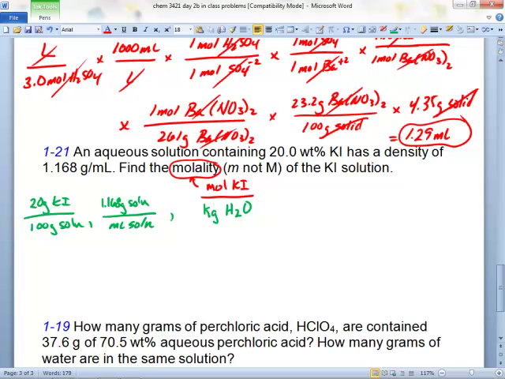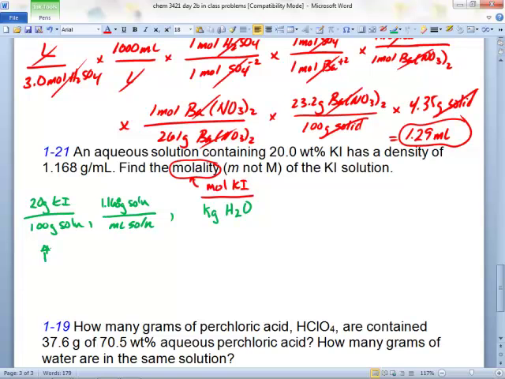If something has water in it, take a look at this one. What is in this 28% KI? You have 28 grams of KI for every 100 grams of solution. Well, what's everything else then? Water. So we can write another conversion factor.